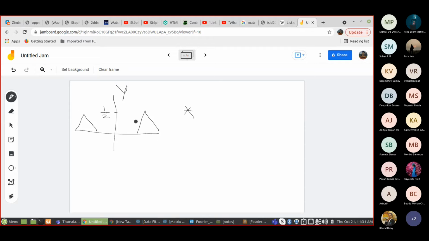The magnitude got scaled by half, and the spectrum got shifted. So this is minus omega naught, and this is plus omega naught.